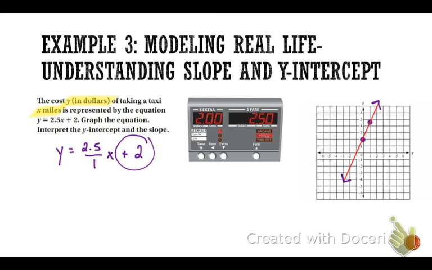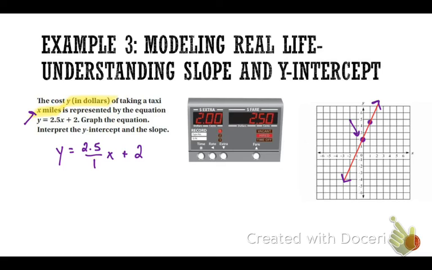When X is 0, all right? So in order for it to be the y-intercept, in order for it to cross the y-axis, it can't go either way on X, right? The ordered pair for the y-intercept is 0, 2. Do you understand that? That means in order for it to cross the y-axis, my X value has to be 0. What did X stand for?